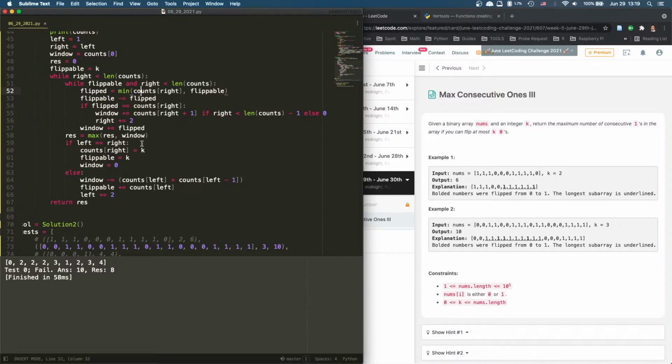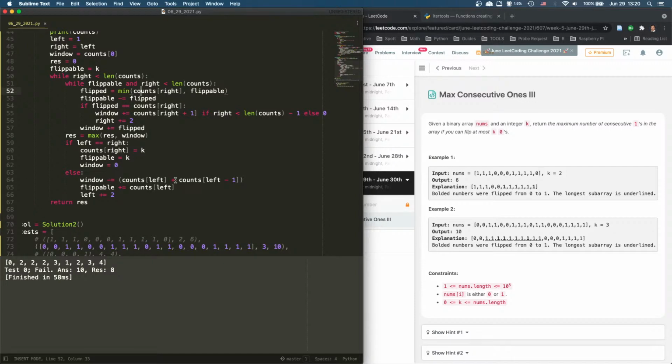And then when we come out, left is here. So left is not equal to right. So window, we're going to minus. Oh, I think we minus too much. Oh no, hold on. We minus count left minus 2.